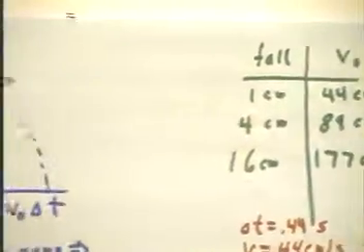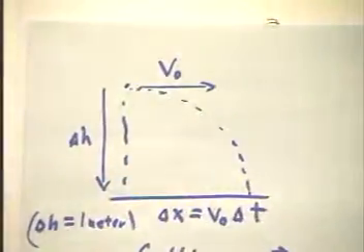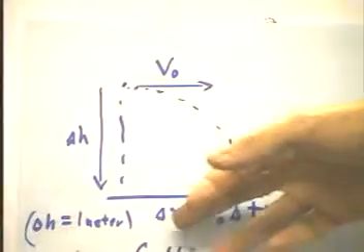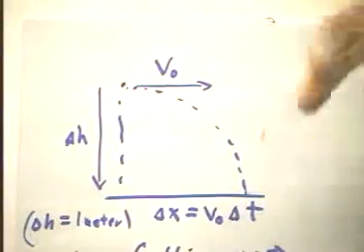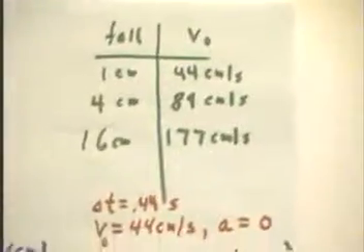Recall that delta h was taken to be 1 meter, and we can calculate delta x from v naught if we know delta t, just by the simple idea that the horizontal velocity remains constant.